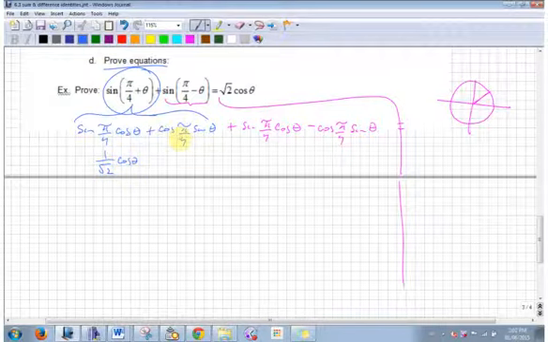Cosine pi over 4 is the same thing. Sine pi over 4, I already did it. 1 over root 2 cos theta minus 1 over root 2 sine theta.